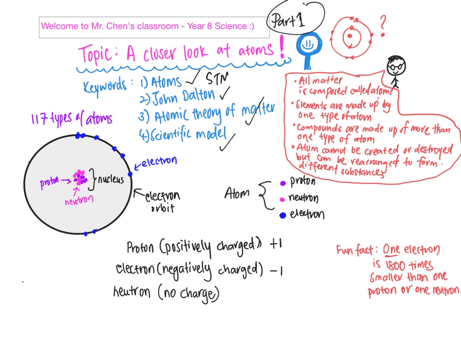Who is this guy? John Dalton is a British scientist who came out and predicted what atoms are like to begin with. So he is probably the pioneer, or the godfather of atoms.